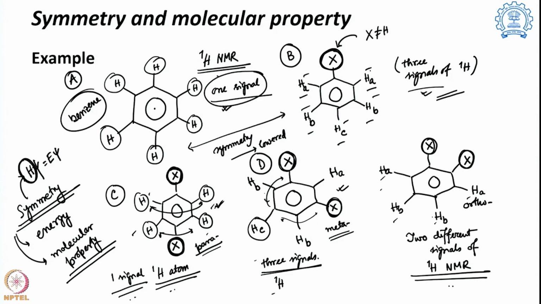So, with that we conclude this segment, where we have defined how symmetry and molecular property are interconnected, and by following the symmetry how we can define the different properties or structural effects on the energy of different molecules. In the next segment we are going to follow a little bit of mathematics to combine them properly. So, with that we conclude here.